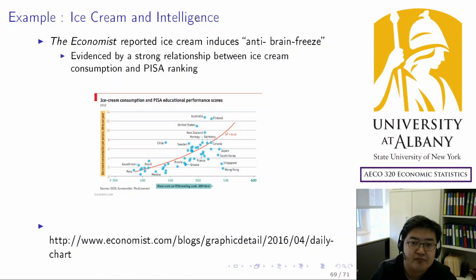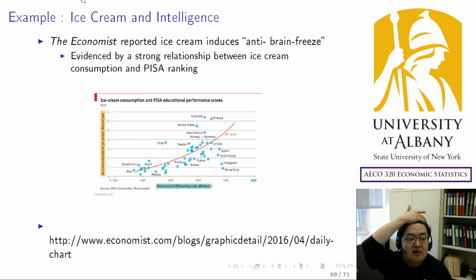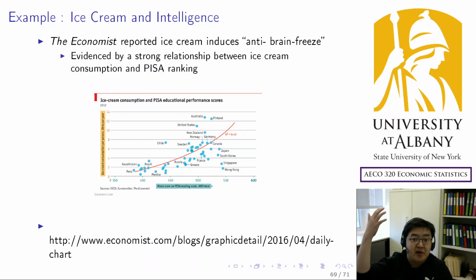This ice cream and intelligence example, interesting variables. The Economist, the prestigious economics magazine, reported that ice cream consumption induces anti-brain freeze. So if you consume more ice cream, your brain will work better.